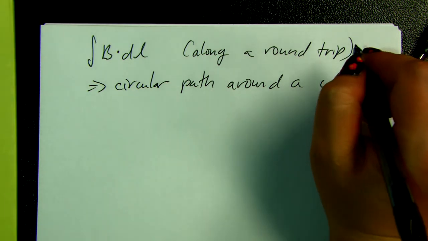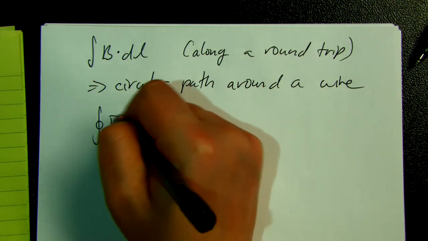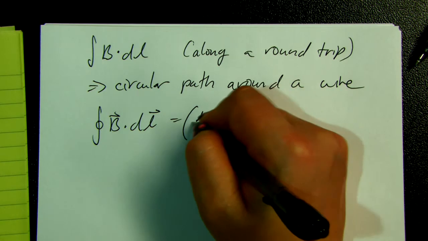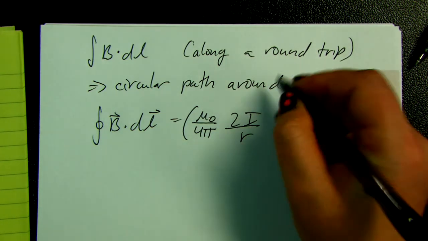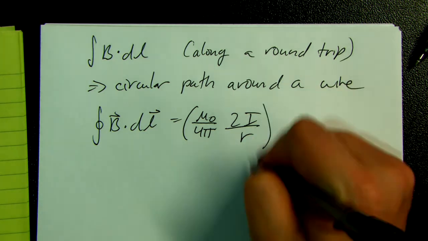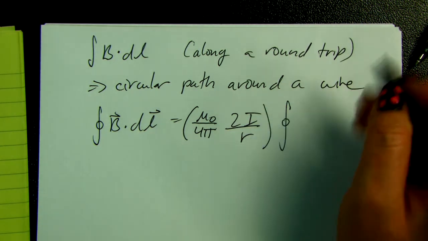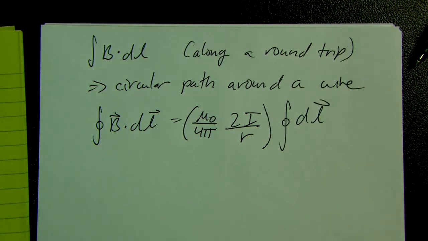So if we do that for this setup, B dot dl is equal to mu naught over 4 pi, 2I over R. Put out in front of the integral, these are all going to stay the same, and you look at the round trip dl.